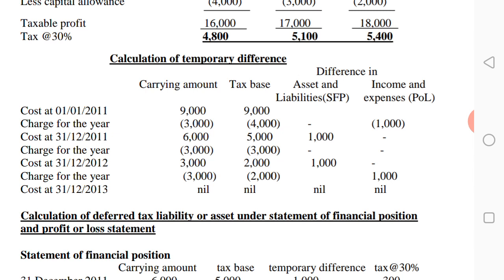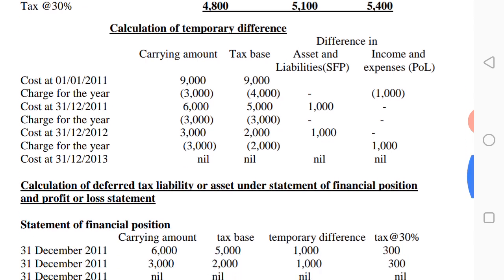But when you subtract the depreciation of 3,000 from the 9,000 cost, we have a carrying amount at the end of 2011 of 6,000, while the tax base, when you subtract the capital allowance from the cost, is 5,000.